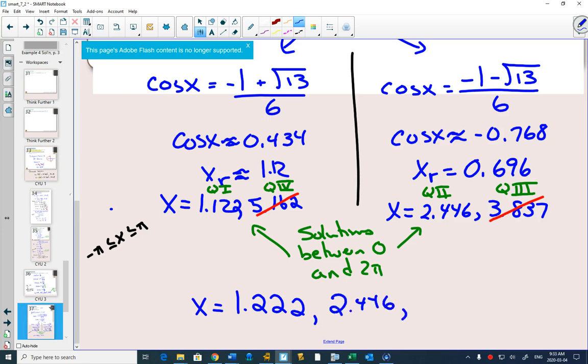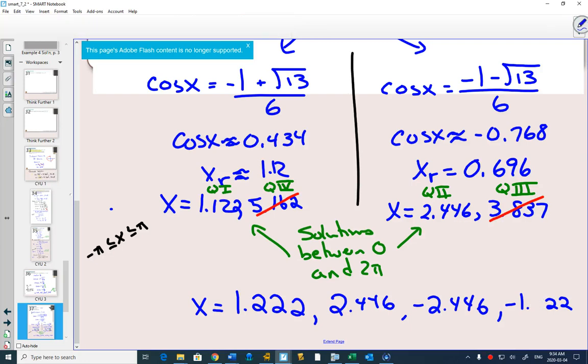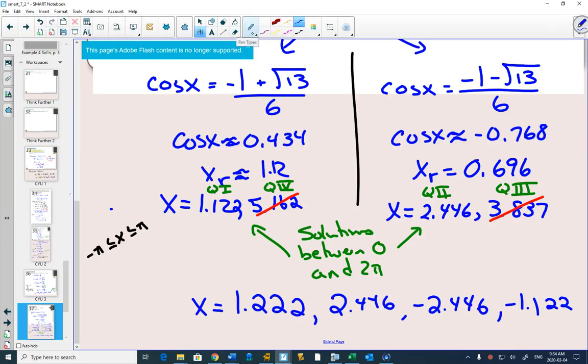Quadrant 3, would you agree that that would be the same as the quadrant 2 one, but in the negative direction? Because it's two quadrants, same reference angle. And the quadrant 4 one would be the same as the quadrant 1 one, but in a negative direction. And so there we have our final answer.